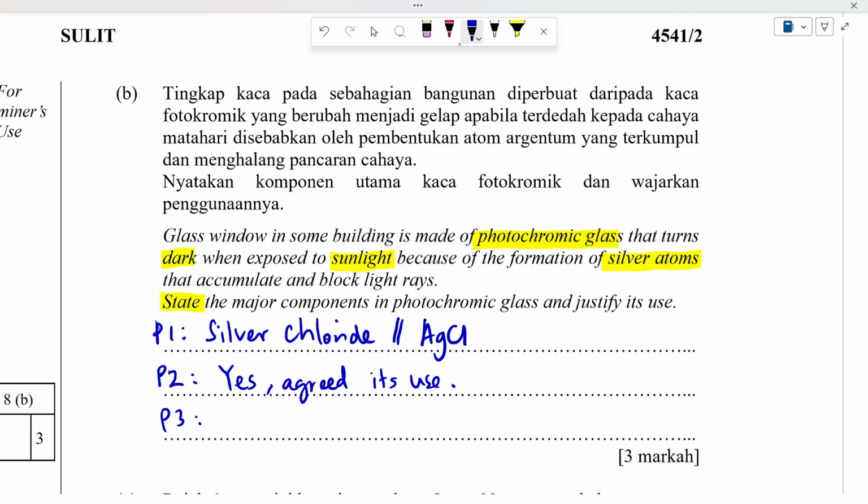If it turns darker and blocks the light rays, yes, it can protect humans from UV rays, right? Yes, protect from UV rays.